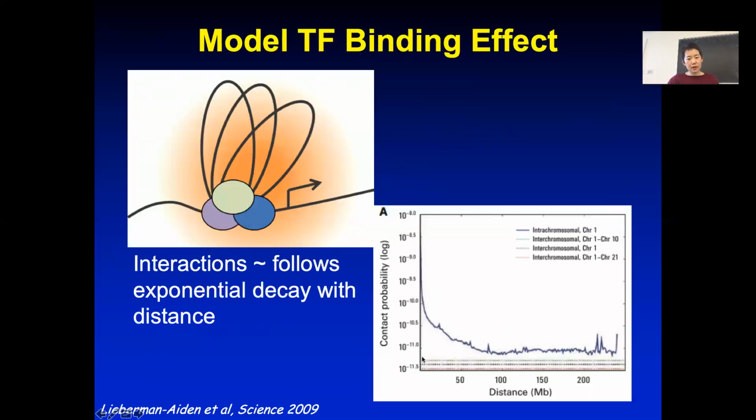Things that are close by are more likely to interact with each other, but as the chromatin gets further and further away, they are less likely to interact. Most of this decay will finish around 100 megabase. That's really too far. But anyway, it follows this exponential decay.